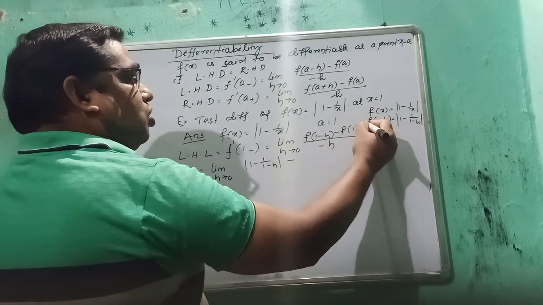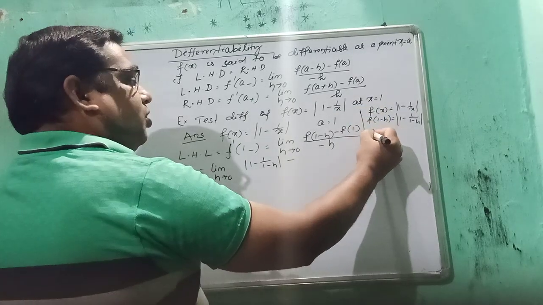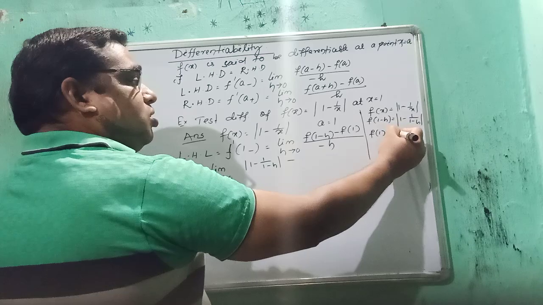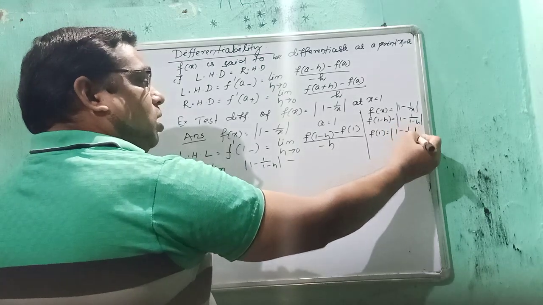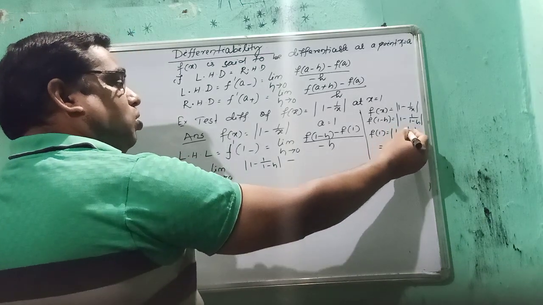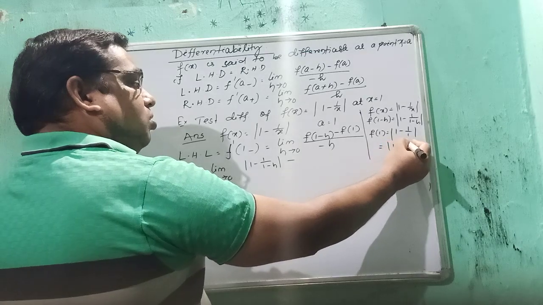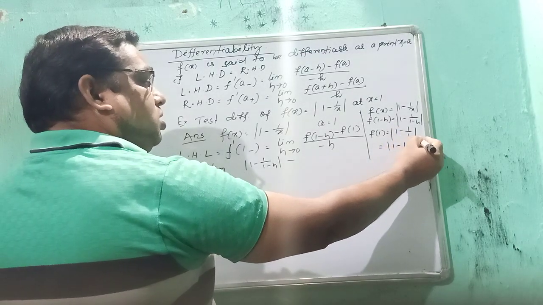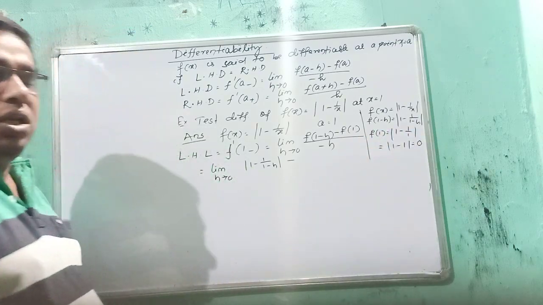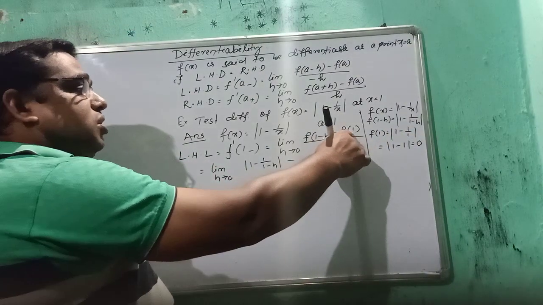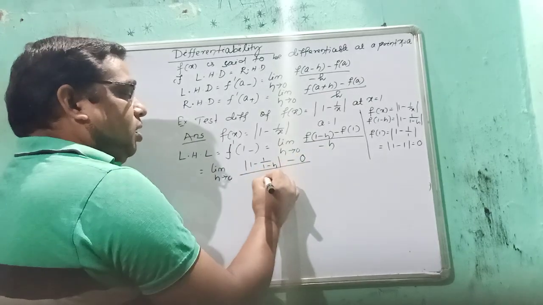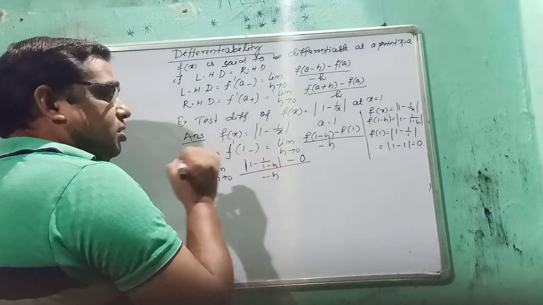What is f(1)? Replace 1 in place of x: modulus of 1 minus 1 by 1, that is 1 minus 1 is 0, and modulus of 0 is 0. So f(1) is 0, divided by minus h.